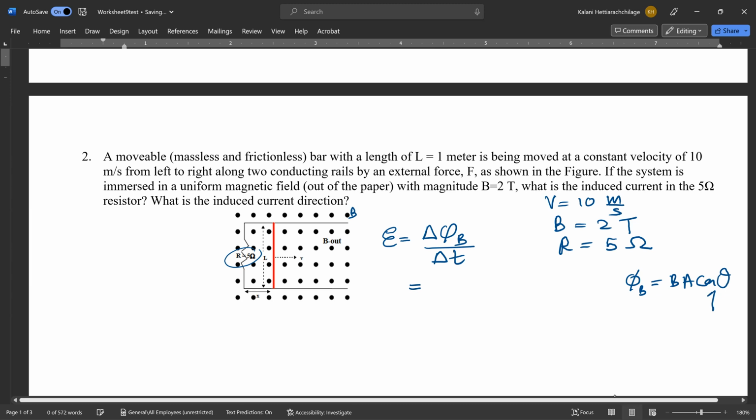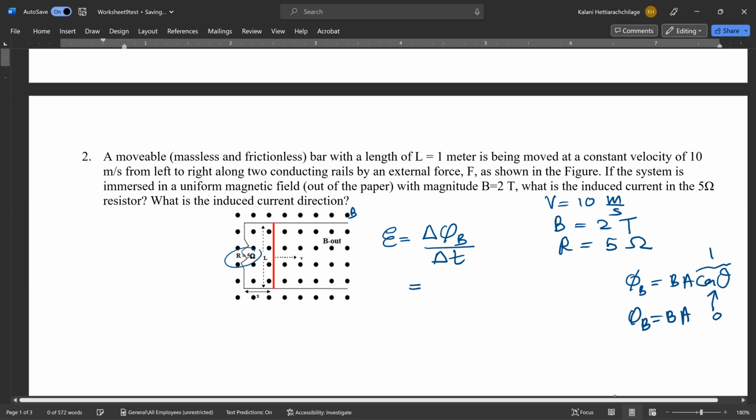Definitely the theta angle is just 0 here, and cosine 0 is 1. Because of that, phi B equals B A.